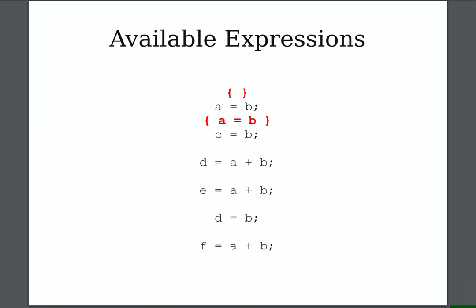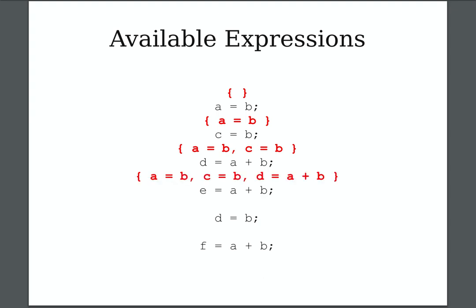So now for any uses of A, for any assignments that have B being set to it, we can replace that B with A. And we continue proceeding through these statements, taking all the assignments and adding them to our set.